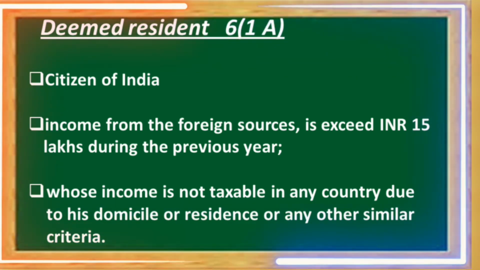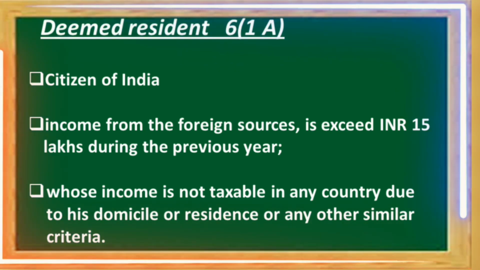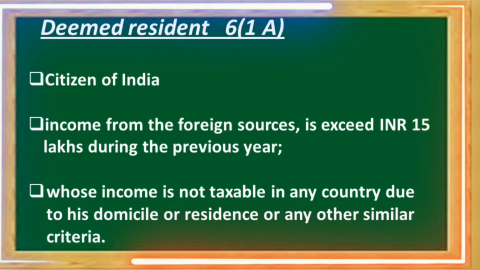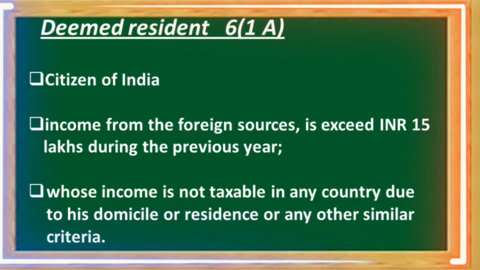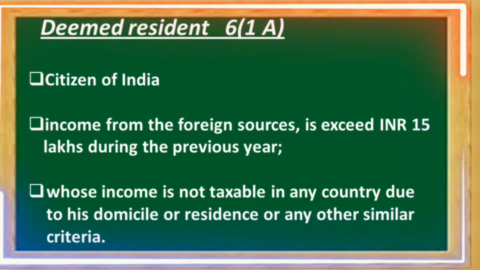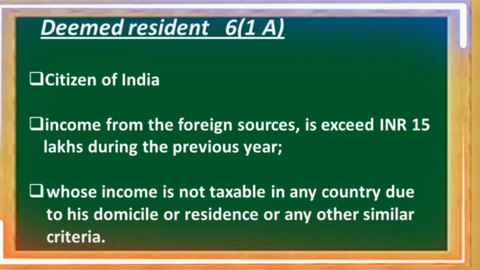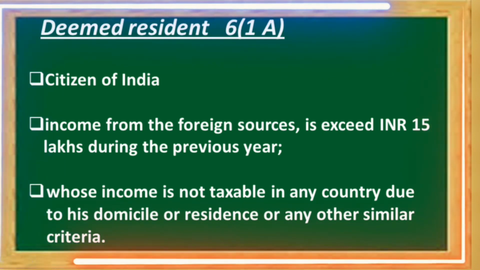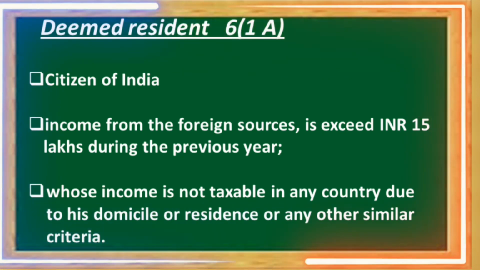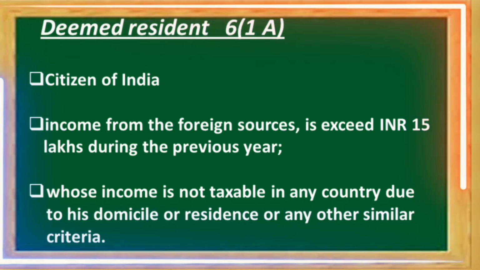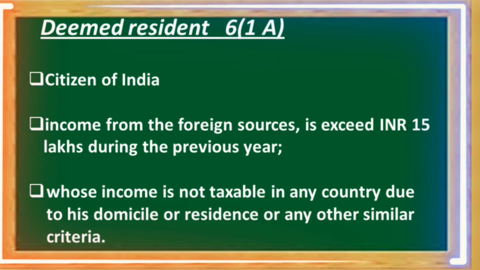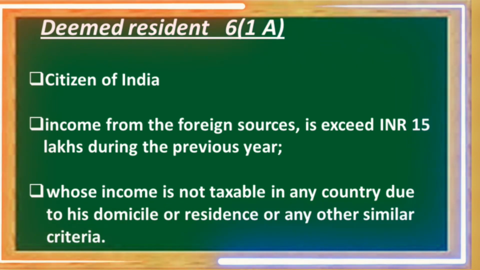Condition number 1, the person is a citizen of India. Next, total income except income from foreign sources exceeds rupees 15 lakh during the previous year. Got it? Total income during the year other than foreign sources should be more than 15 lakh.